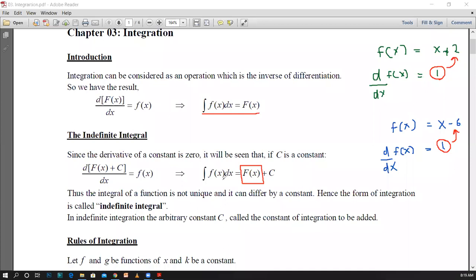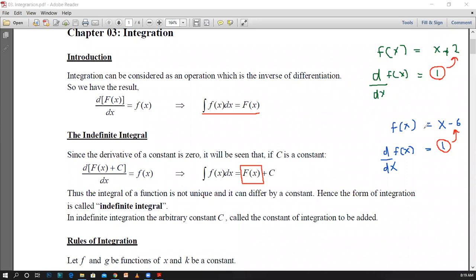First of all, you need to apply the appropriate integral technique here, identify a function as capital F(x), and at the end of this function, you need to add this constant c, since the derivative of the constant c is equal to 0.